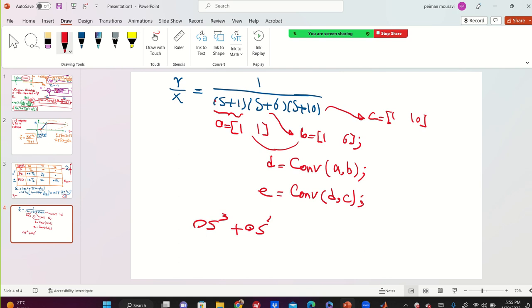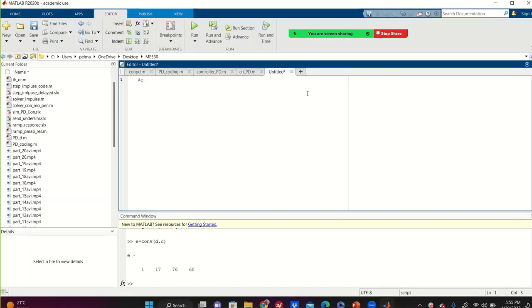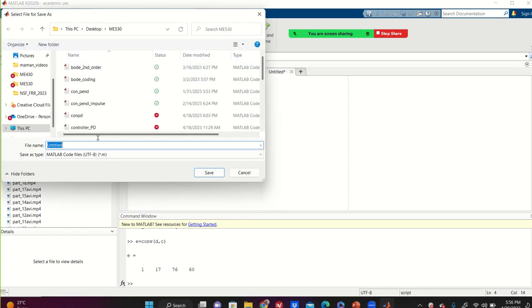So let me do that. A is 1 and 1. B is 1 and 6. C is 1 and 10. I'm not sure that this is going to give me all together, I don't think so, but I'm going to try, because I did it a while ago, 10 years ago. So I'm going to say delayed PID.